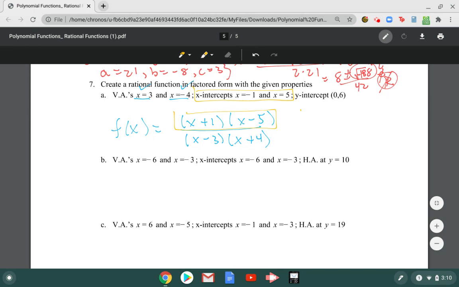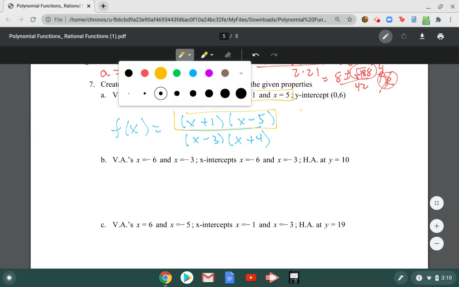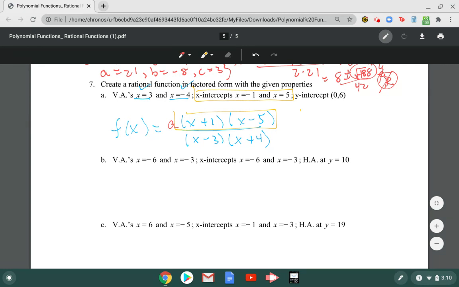The y-intercept is going to help me check to see if there's any kind of a multiplier a out in front. So let's go ahead and put in 0 for x and find a. Okay, so as we plug this in, f of x or y is 6, so 6 equals a times 0 plus 1, 0 minus 5 over 0 minus 3, 0 plus 4.